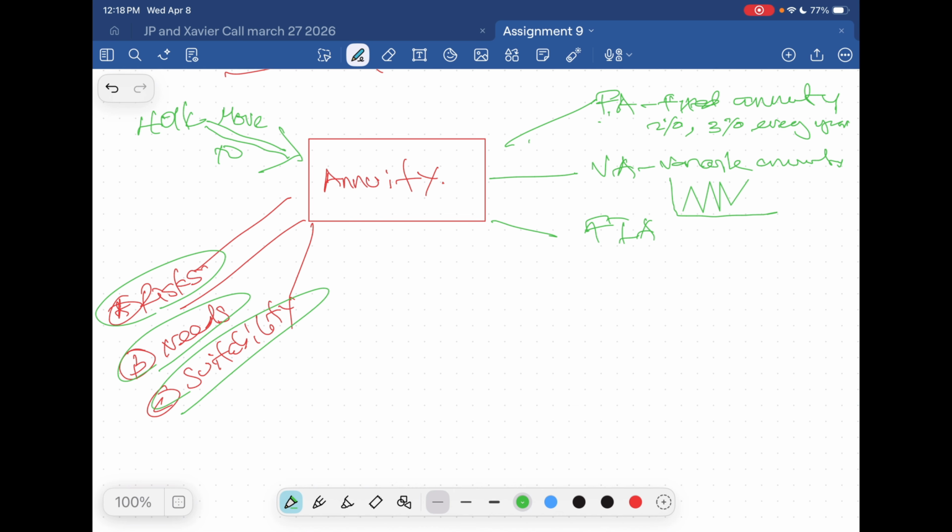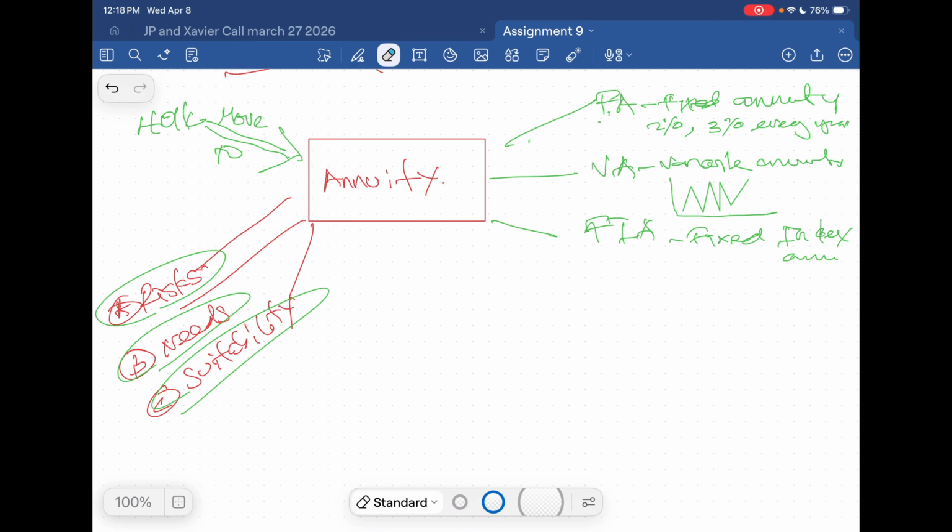Whereas with a fixed indexed annuity, what happens is that it locks.